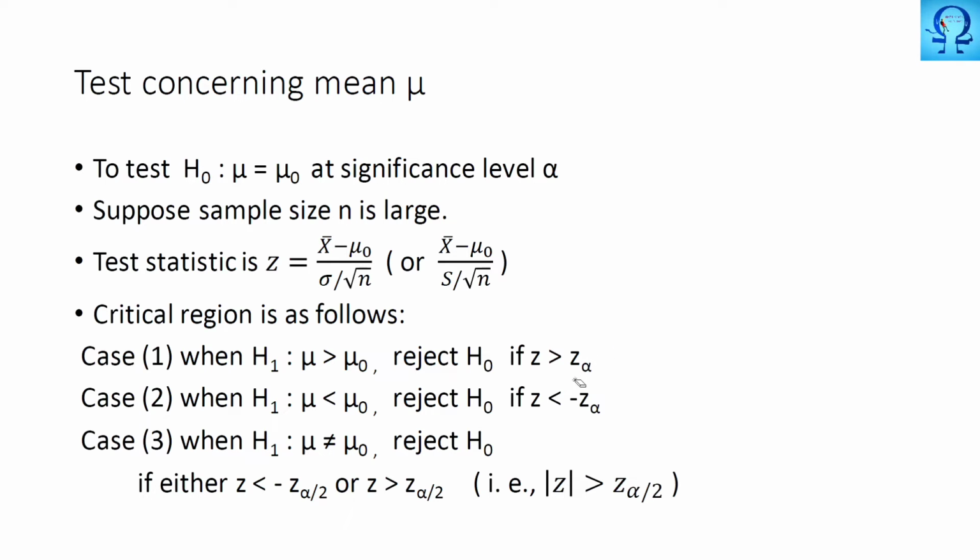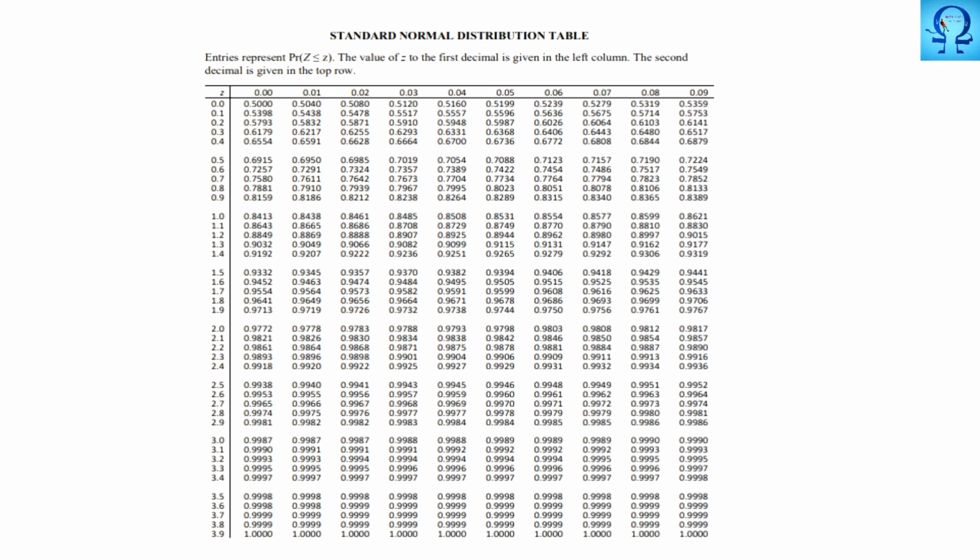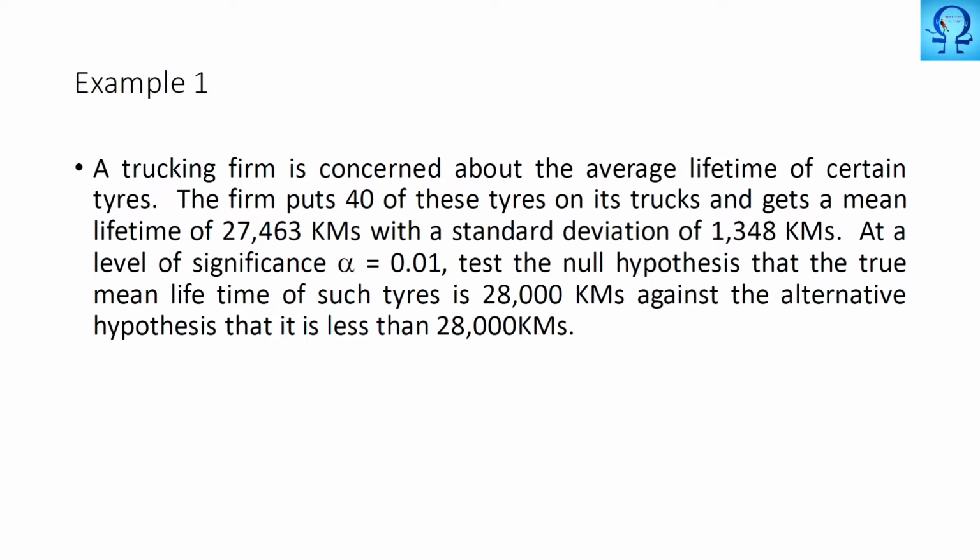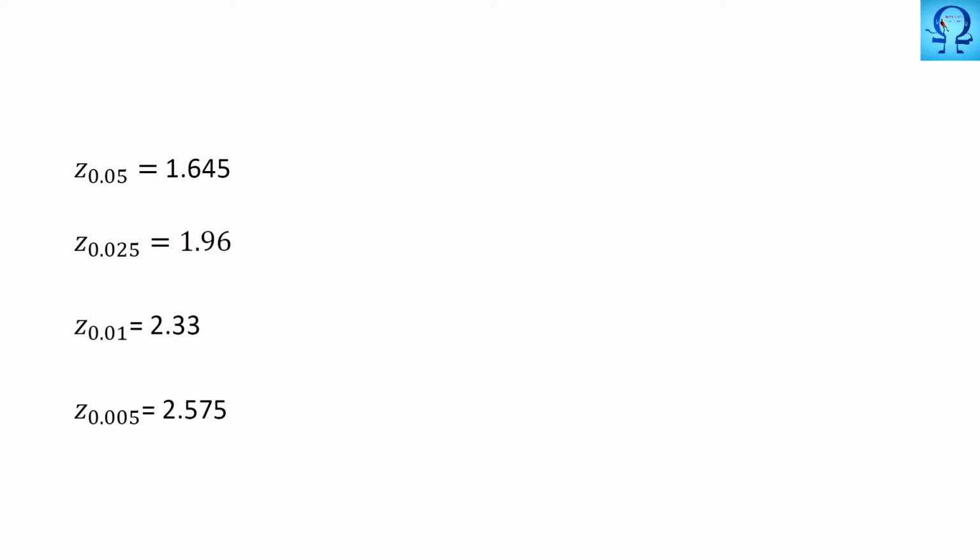So these are the conditions we are going to use. This is the standard normal table that we will make use of, and these are some fixed values, the most frequent values used in testing the hypothesis. That is why they are given separately here.